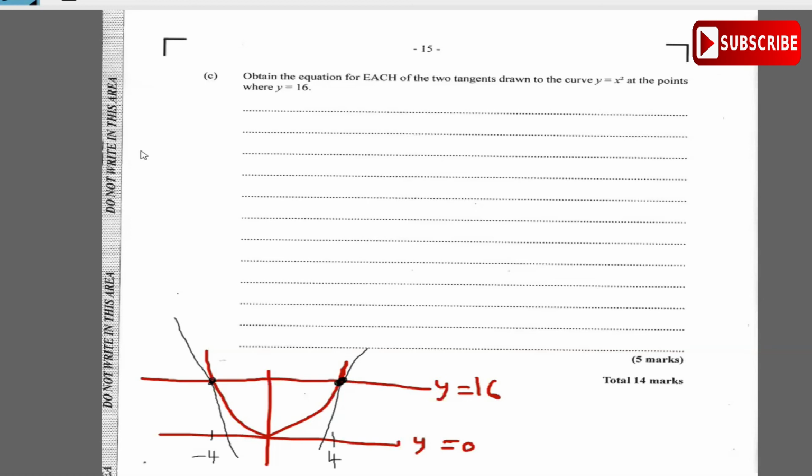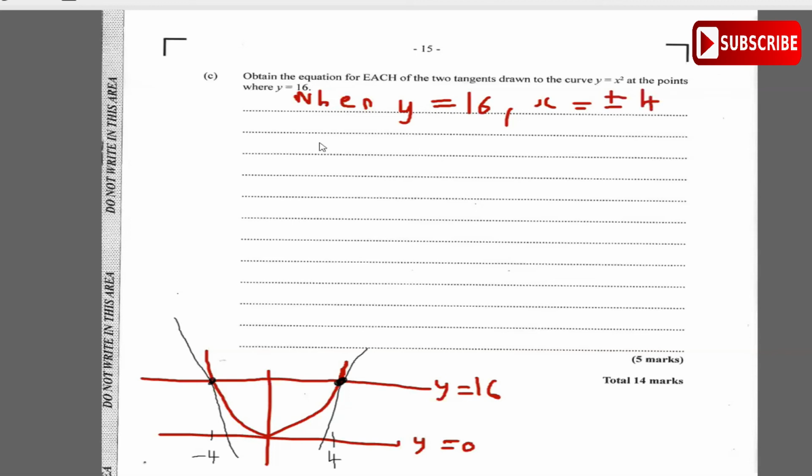So come, let us do that. So first thing, you can tell that when y is equal to 16, you're going to get that x is equal to plus or minus 4.